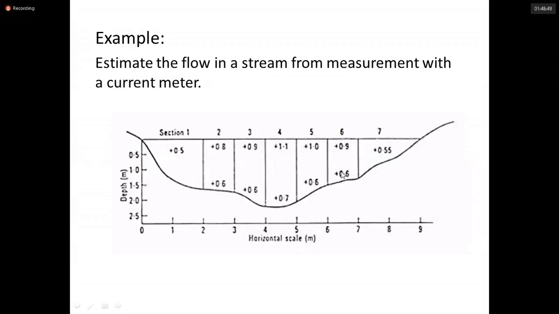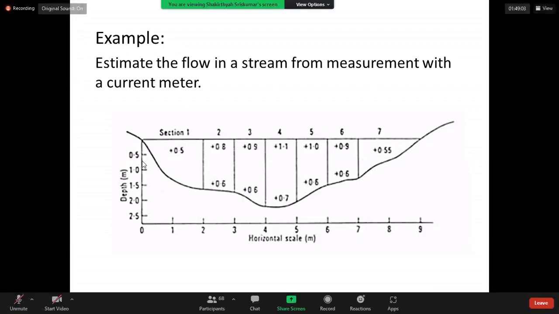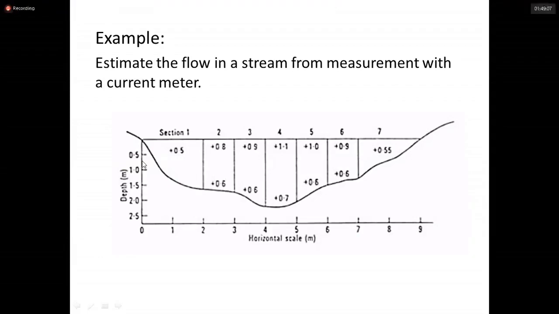Section 6, 1.4 meters. Section 7, 0.7 meter. So now you know the width and depth of each section.